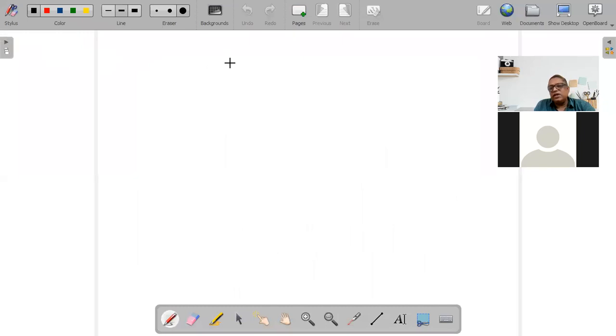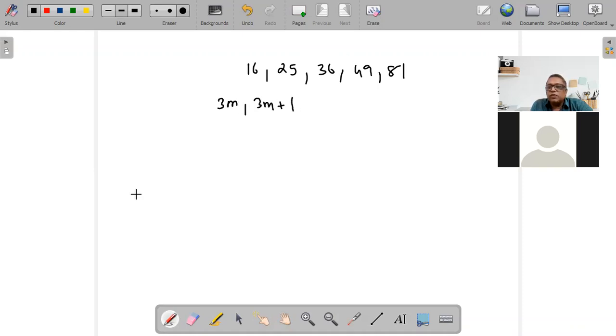So if I'm taking any square, let's say 16, 25, ये सब perfect squares लिख रहा हूं मैं, 36, 49, 81, whatever you want. These are all perfect squares, right? In perfect squares ये एक खासियत है. What is that speciality? They will either be a multiple of 3 or a multiple of 3 plus 1.